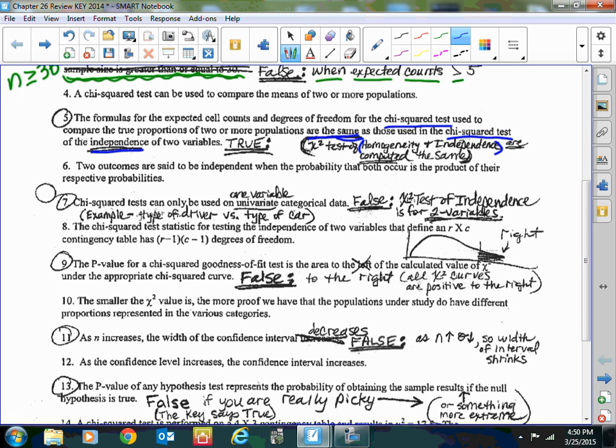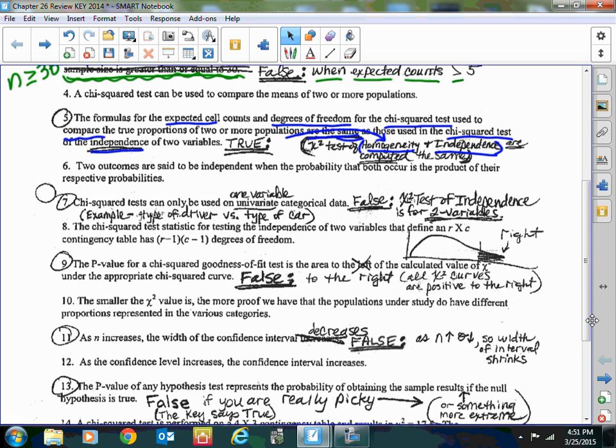If you're comparing the true proportions of 2 or more populations, that is the chi-squared test of homogeneity, and it's saying you compute the expected cell count and the degrees of freedom the same for the homogeneity test and the independence test. And that is true. You do compute those the same. If it was talking about one population, that would be goodness of fit, but this was talking about 2 or more populations.